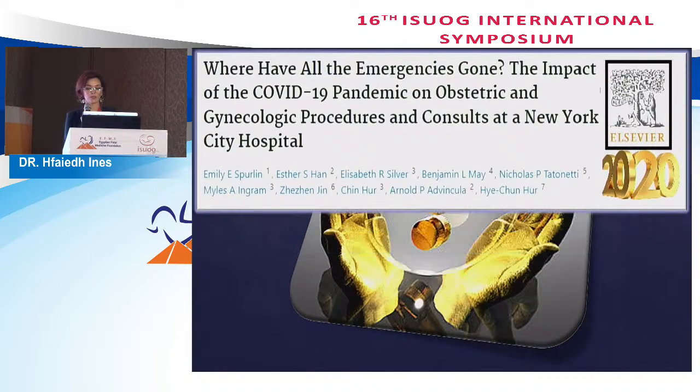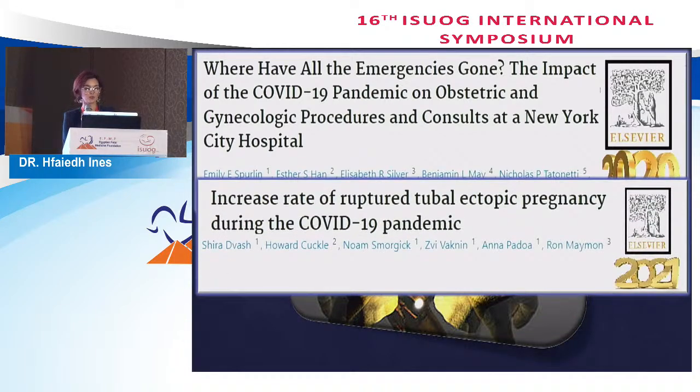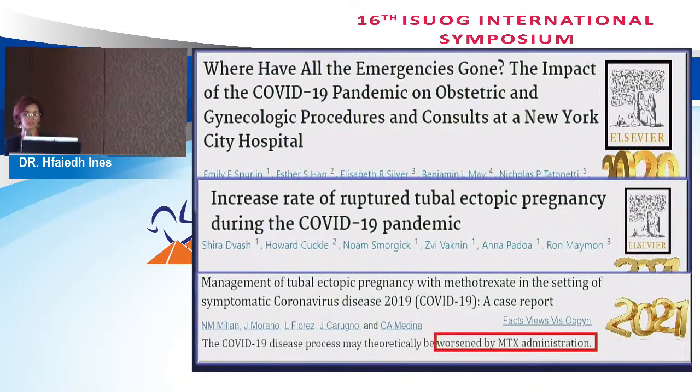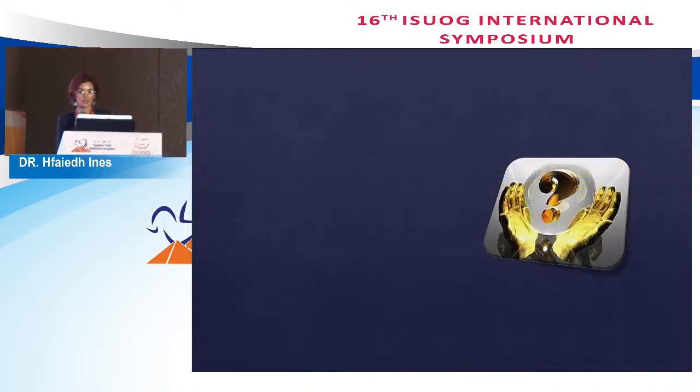We all know that during this period, minor symptoms were neglected by patients. They consulted late with most cases of ruptured tubal ectopic pregnancy, and there was big controversy about using methotrexate in COVID-19 patients to manage an ectopic pregnancy.